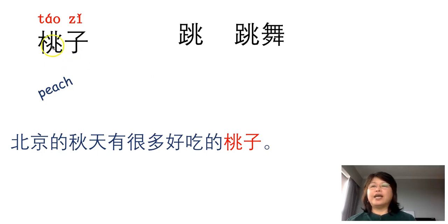Now let's look at the character 桃. So 桃 means peach and 子 is just the word to come with 桃 to make up a two-character word because peaches are relatively small. The left hand side of the character is wood because peaches come from the peach tree.